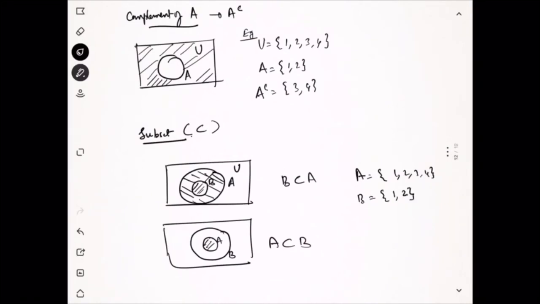Now you can say that B is the subset of A. Next, suppose B is equal to 3, 5, 8, 10 and A equal to 3, then you can say that A is the subset of B, right? This is the notion of subset.